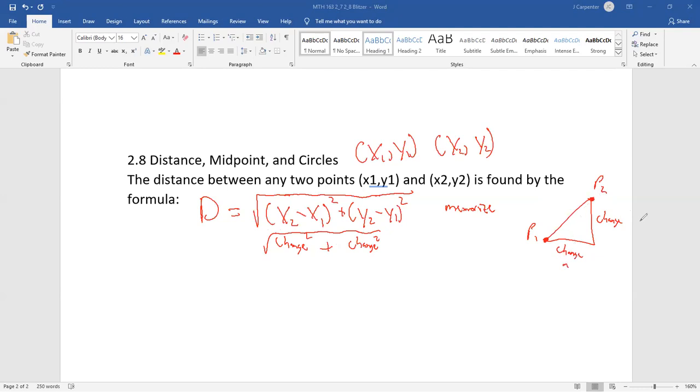So if I just call that a, and I call this b, and I call this c, a squared plus b squared equals c squared, and then you just take the square root of both sides. Mr. Beckner, why not a plus or minus? Because this is geometry, there are no negative lengths in geometry. So again, the distance equation is literally just the Pythagorean theorem between 2 points, if you make a little right triangle out of it. Okay, so let's try this out.